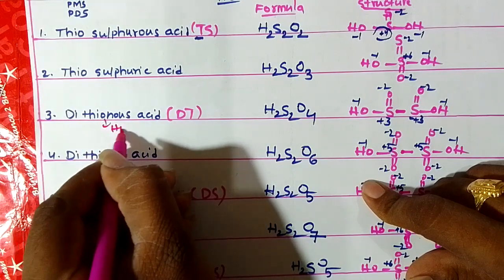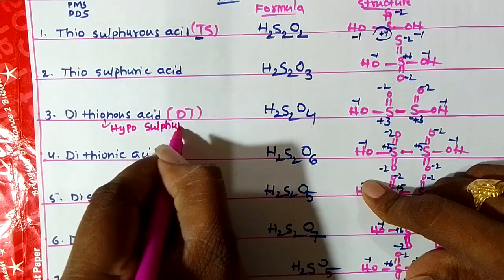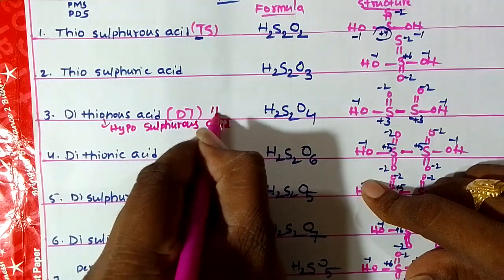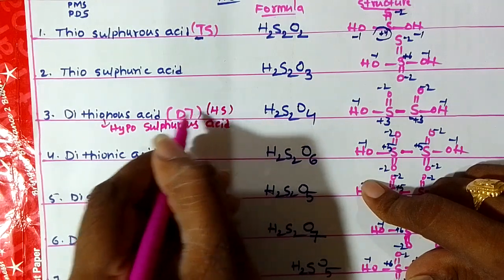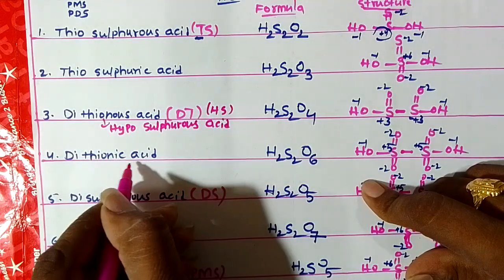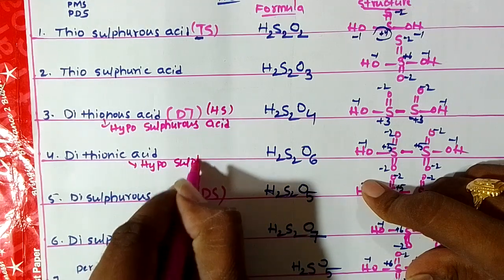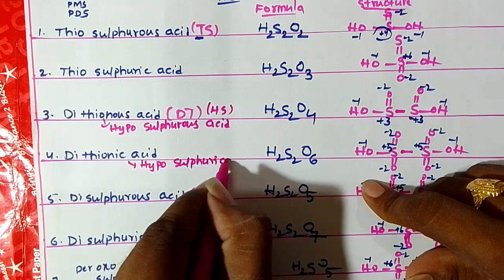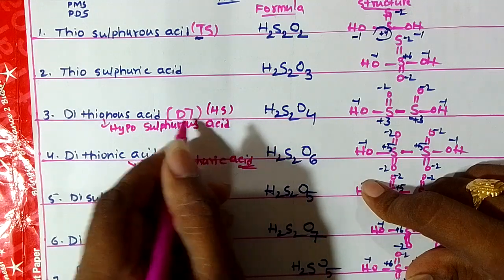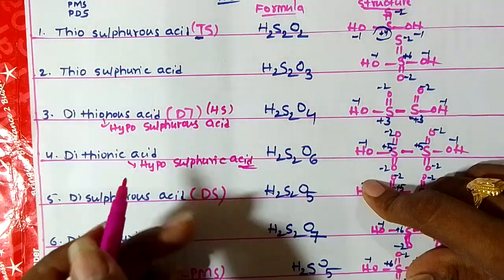Dithionic acid is also called hyposulfuric acid. So that's why you should remember the code DTH. You should remember DTH.